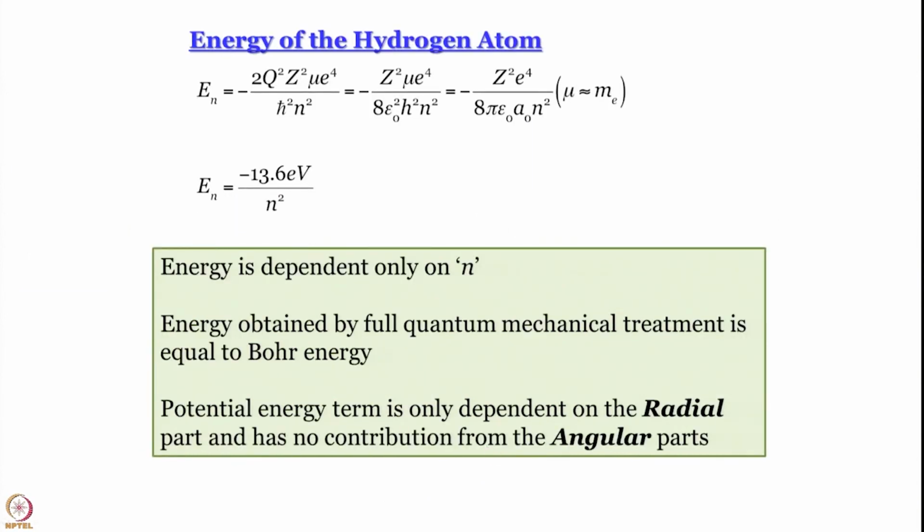One more thing, energy when you do the full quantum mechanical treatment turns out to be exactly the same as what was predicted by Bohr theory. Does that mean that Bohr theory was correct and all this discussion that we are doing is rubbish? Not really. Bohr theory is not correct, it is just that it gives the right answer.